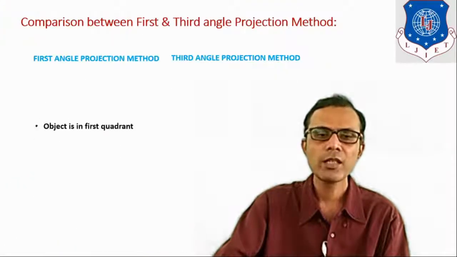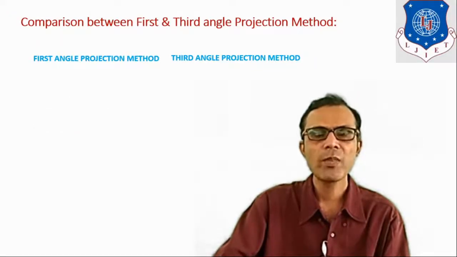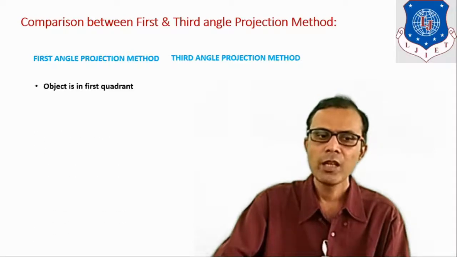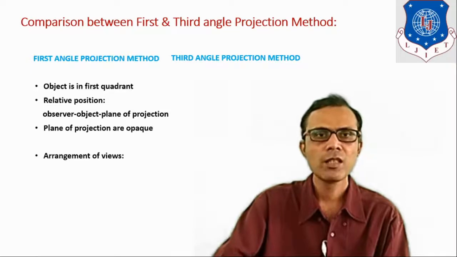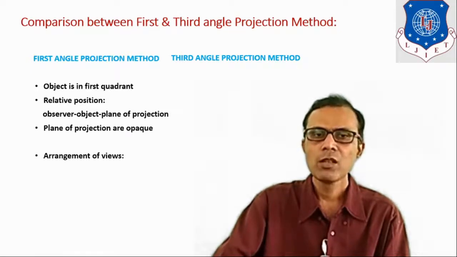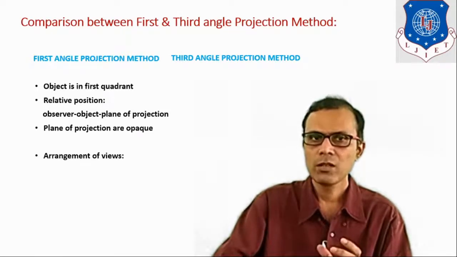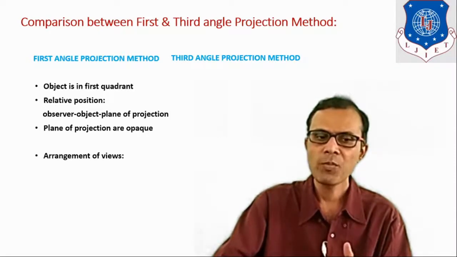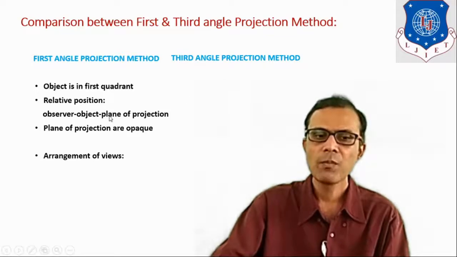Now let's see what is the difference or comparison between first angle and third angle projection method. In case of first angle projection method, the object is kept in first quadrant. Relative position is first of all observer, then it is object, and then comes plane of projection.